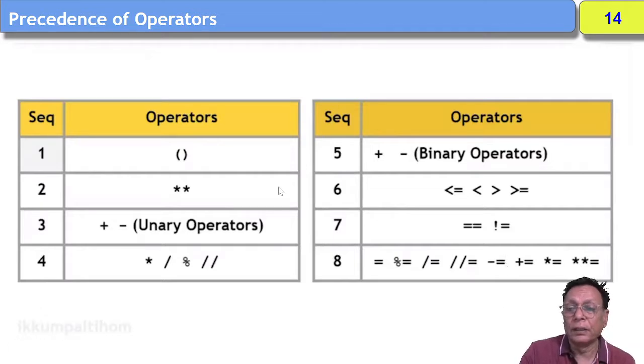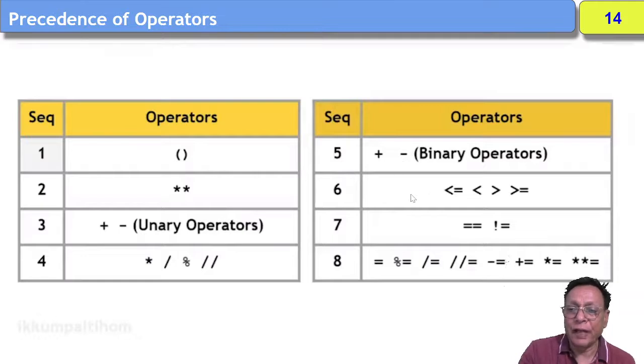But here, plus and minus are binary operators, applied on two operands, inserted between two operands, like x plus y. Like minus x, minus is a unary operator. But in x plus y, plus is a binary operator, and in x minus y, minus is the binary operator.